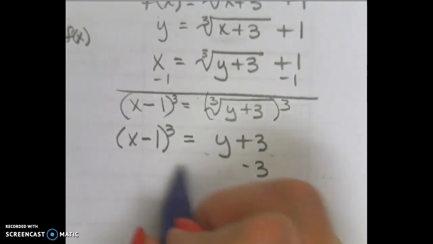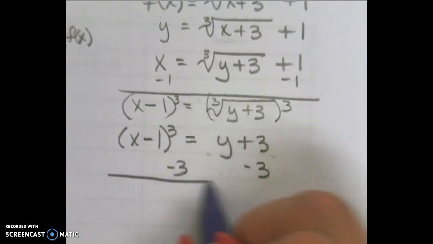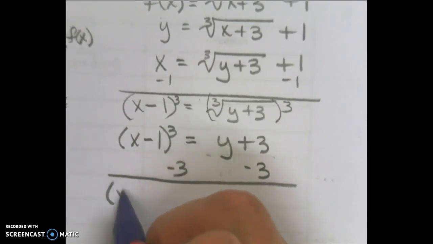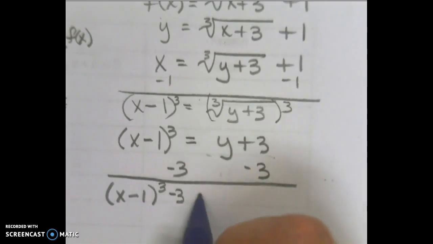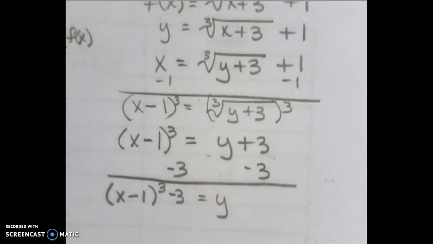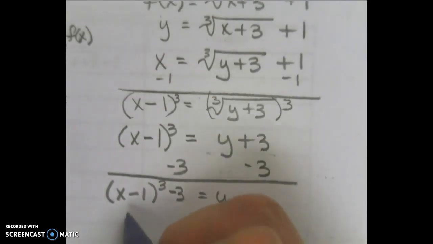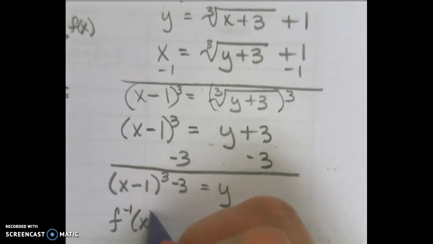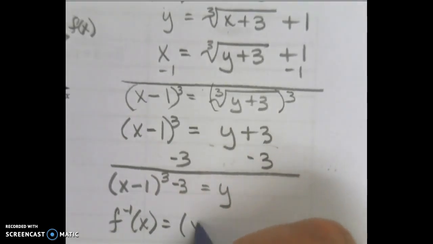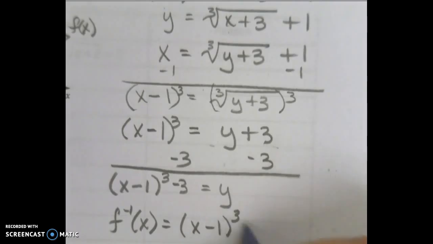I'm going to subtract my 3, and it will go on the outside of this parenthesis, so I have x minus 1 cubed minus 3 equals y. And again, using my fancy little inverse, the inverse of f of x is equal to x minus 1 cubed minus 3.